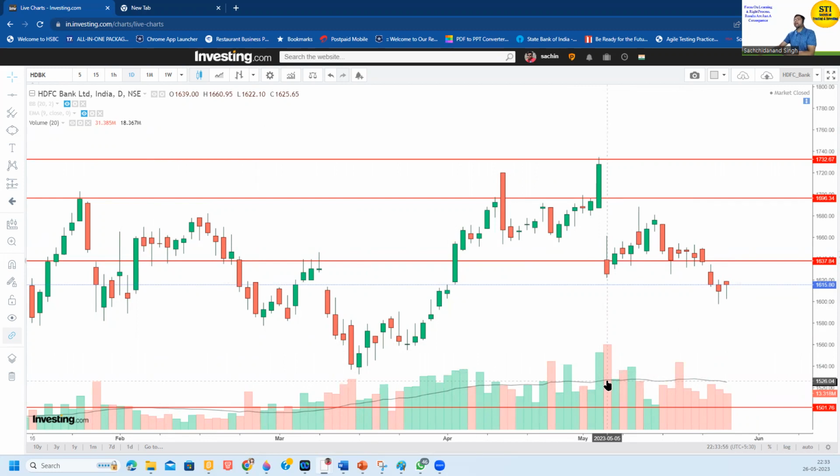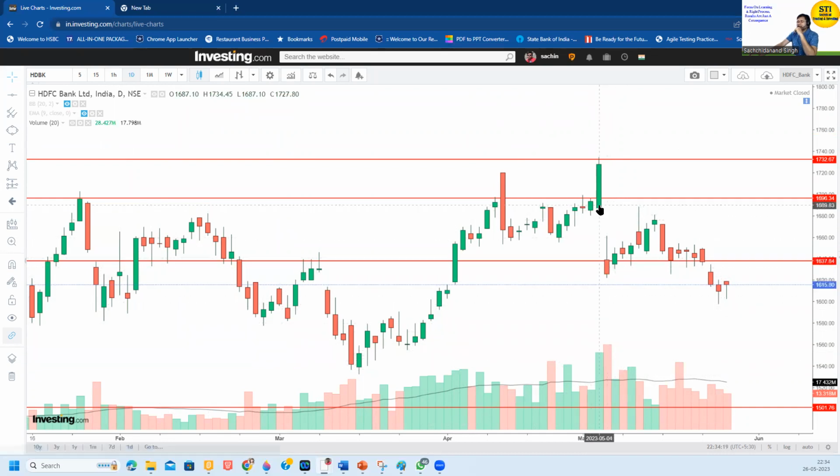Okay. And in trading, we are also going to use this volume data for better conviction. So as of now, just learn how to add the volume and how to read it. The color of these volume bars is whatever the color of the candle is, by default it will take the same color.